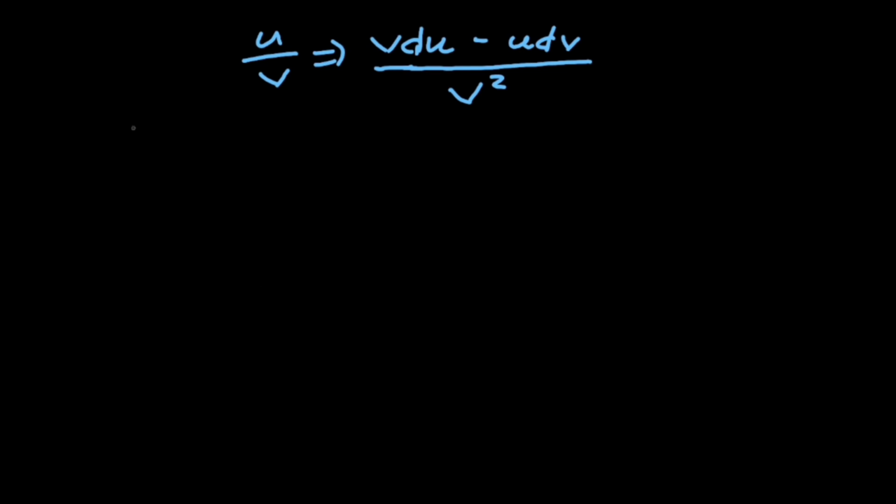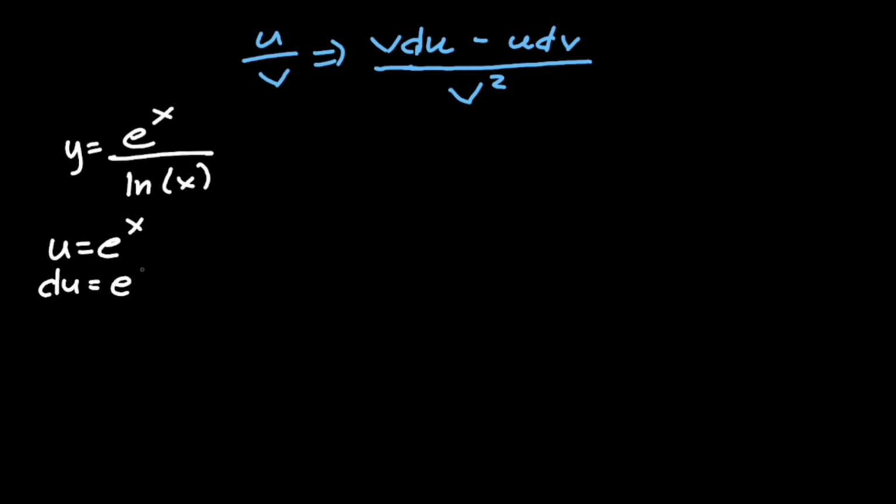Now, let's try to challenge ourselves. Y is equal to e raised to the power of x over ln of x. This is a mixed exponential and logarithmic. Now, let u here be e raised to the power of x, and the derivative of e raised to the power of x is still e raised to the power of x.